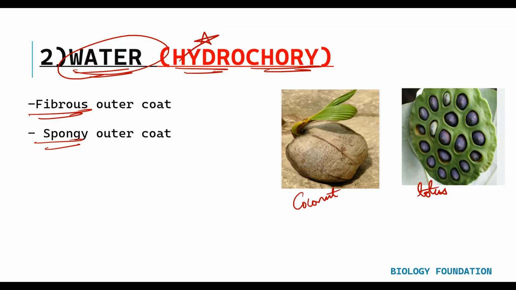Just like how water currents help in pollination, here also water currents help in dispersal of the seeds. But the seeds should not sink, they should float on the water. So for that, they have this spongy outer coat, or they might have a fibrous outer coat as seen in coconut. And if water is being used as agent for seed dispersal, we use the term hydrochory.